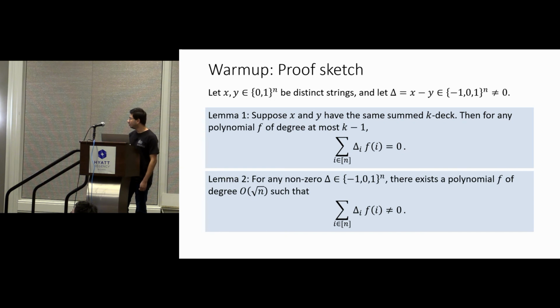On the other hand, for any non-zero delta which is of this form, a plus minus 1, 0 vector, there exists a polynomial of degree root n such that the same weighted sum is non-zero. So assuming lemma 1 and lemma 2, we immediately get that the summed k deck of a string uniquely identifies the string.